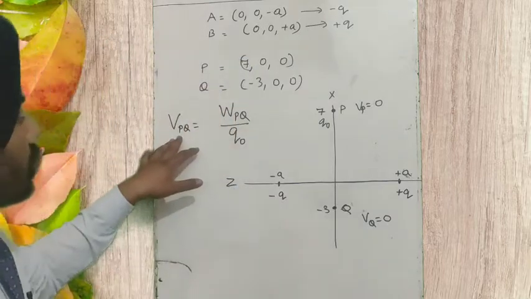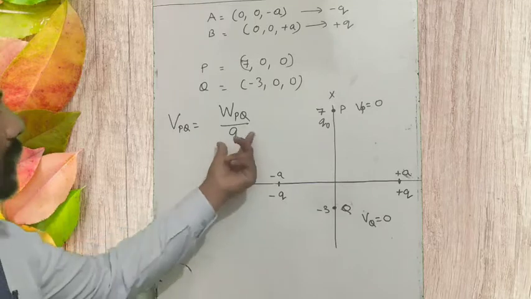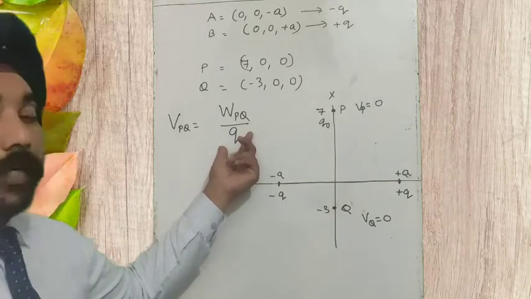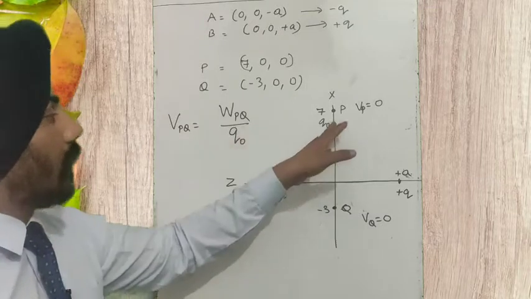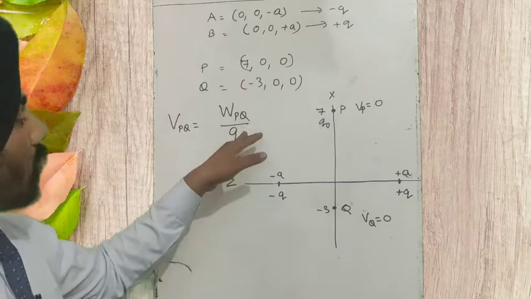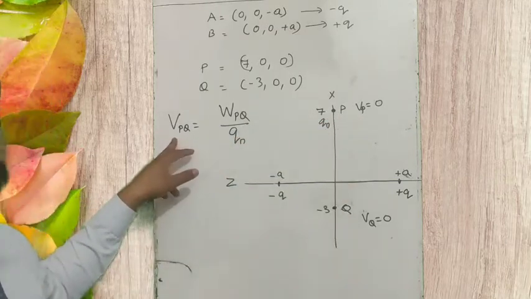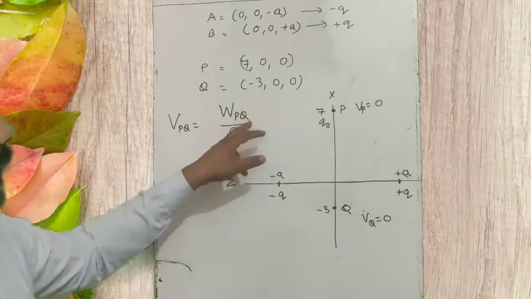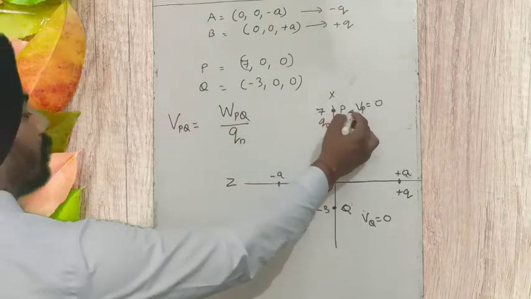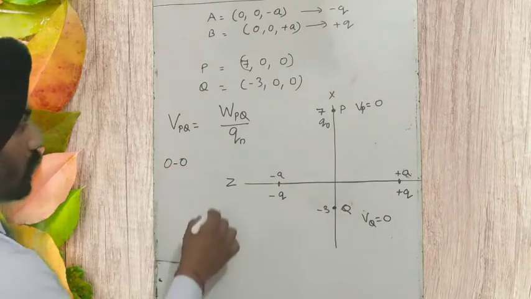The charge shifted must be a unit positive charge, but here we have taken Q naught, so we have to divide the work by Q naught. So the total potential difference is equal to WPQ upon Q naught. What is the potential difference between P and Q? That is 0 minus 0, which is equal to 0.